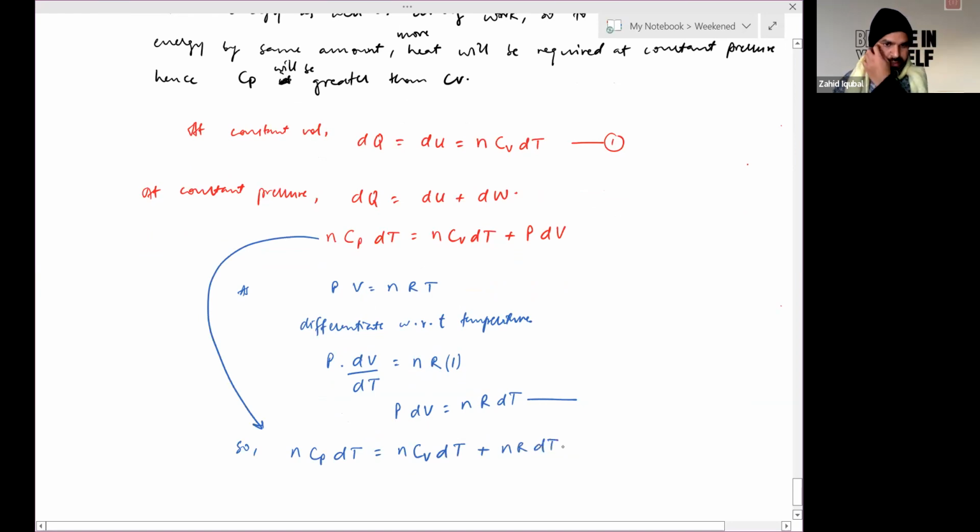So n and dT will cancel out from both sides. So you're left with Cp equals Cv plus R. This relation between molar specific heat at constant pressure and molar specific heat at constant volume is termed Mayer's relation.